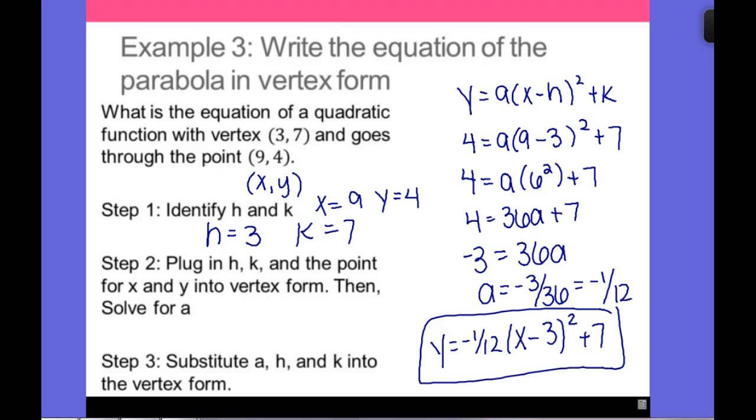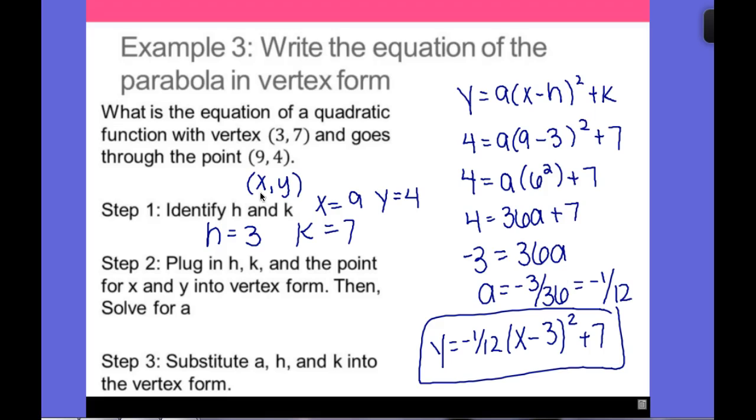So you can use the vertex and a point, much like we did for linear functions and found slope. That a value is kind of like the slope of a quadratic. It tells me how quickly my graph is changing.